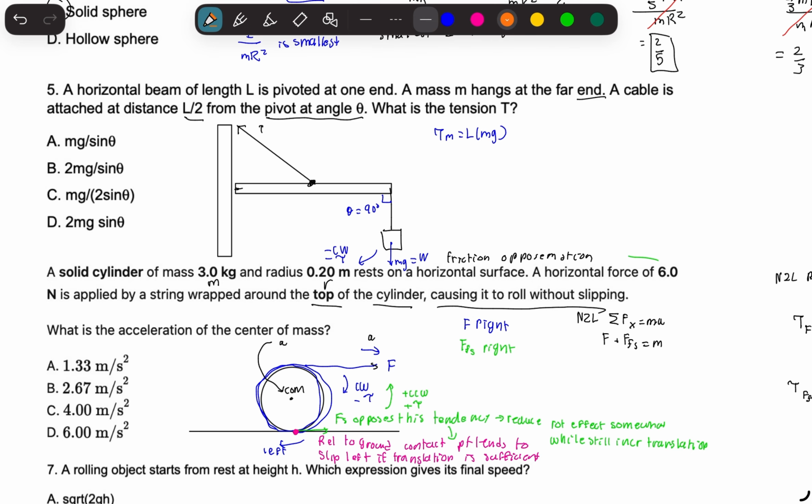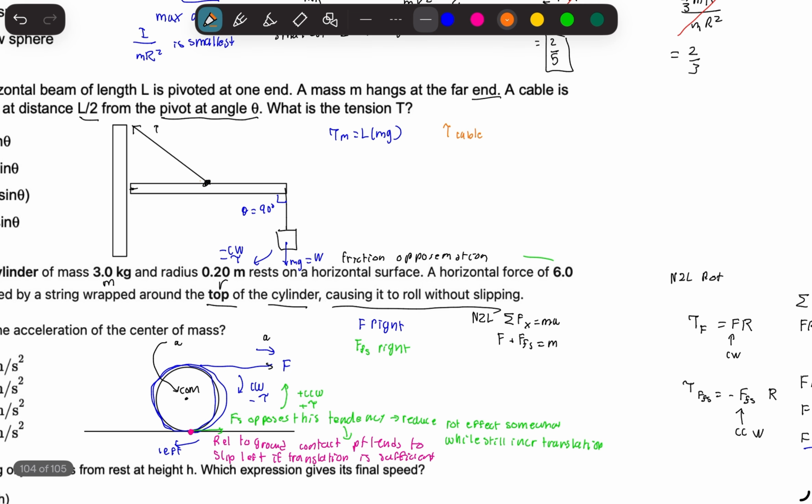Now, what about the torque from the cable? So it's attached at L/2 with an angle theta relative to the beam. So that means that if you have T perpendicular, that's equal to T sine of theta.